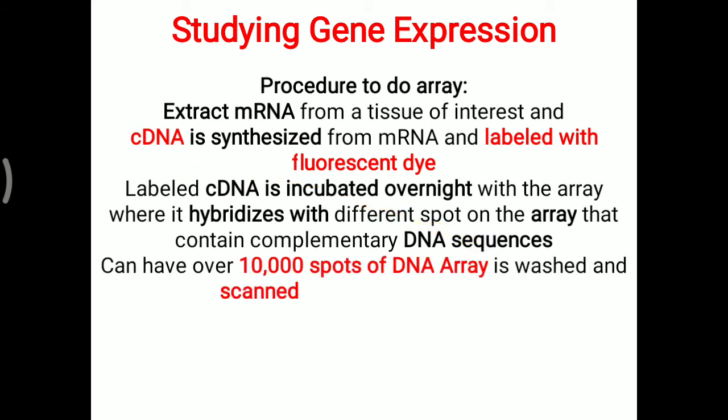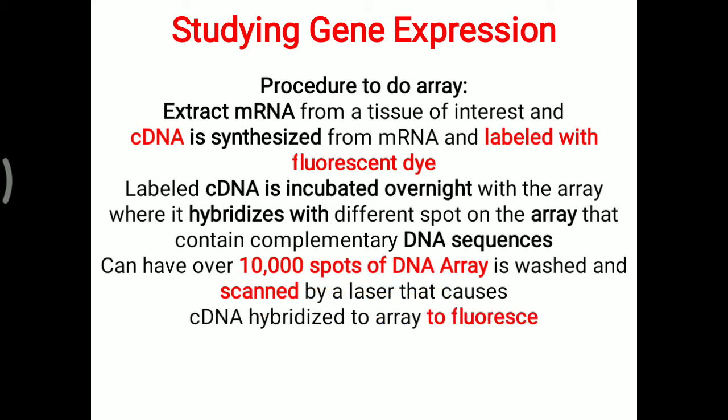There can be over 10,000 spots on this DNA array. Once it is incubated overnight, the sample is washed out, and after washing it is scanned by a laser that causes the hybridized complementary DNA to fluoresce.